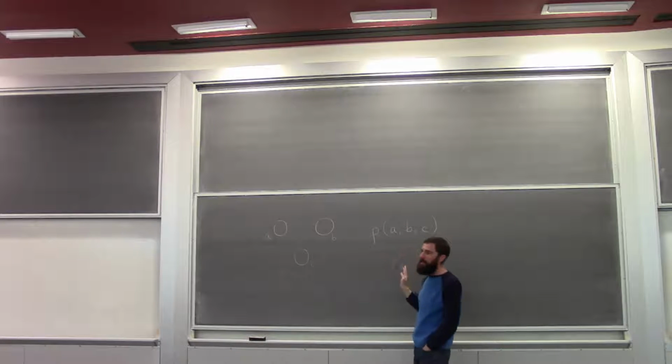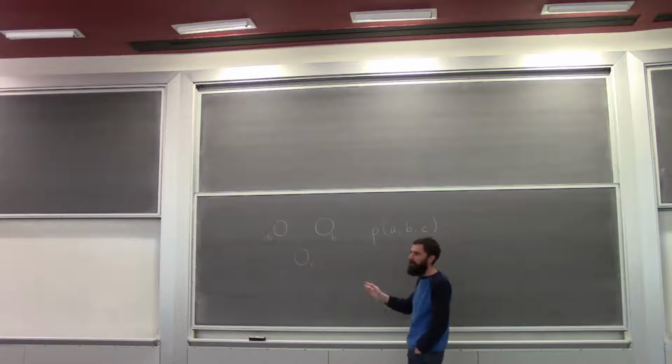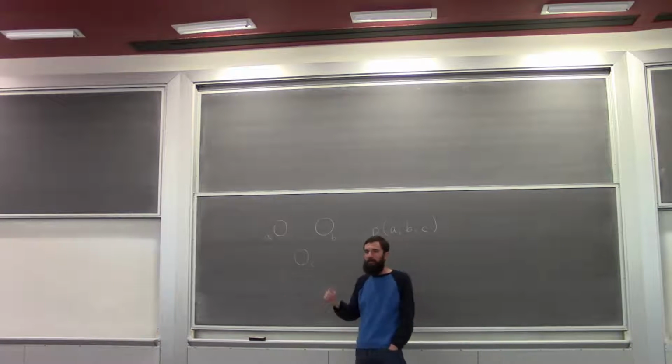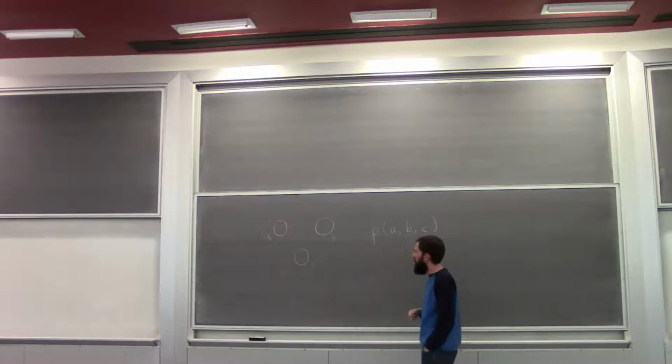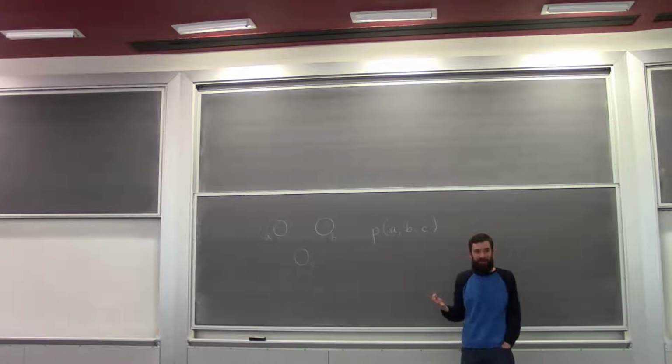For the time being, just to introduce everything, we're going to start out thinking of these as discrete in some of the examples going forward. But everything I'm going to say holds for either discrete or continuous.